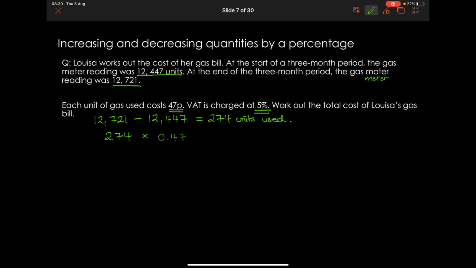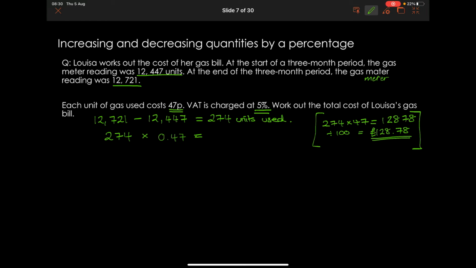If I just write this down over here, if you did 274 times 47, it's fine, but you would have got an answer of 12,878. You would have had to divide that by 100 to put it into pounds, because there's 100 pence in a pound, giving you 128.78 pounds. You just can't miss that bit.